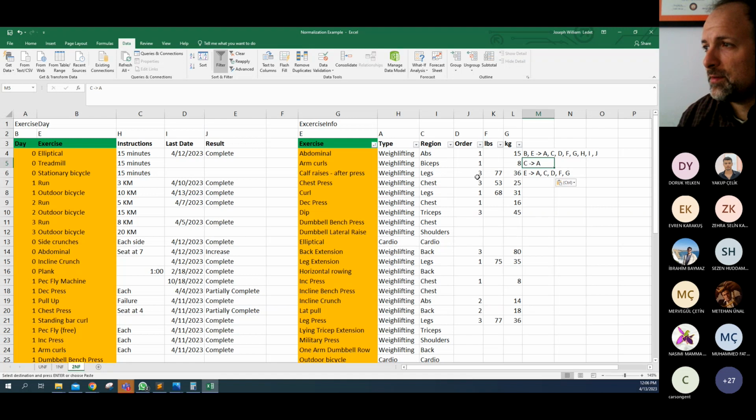We did have this one here, right? The region determined the type, right? Abs was weightlifting, biceps was weightlifting, legs is weightlifting, cardio is cardio, right? So what we would do there, C determines A. It's just like before.